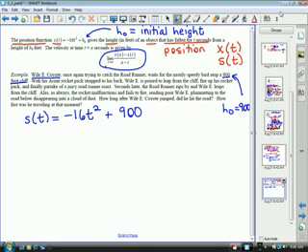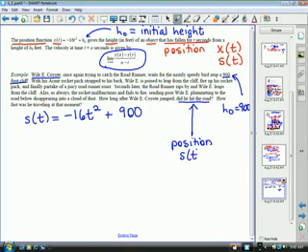Alright, so let's think for a second. When he hit the road, what is his position? It's 0. But what variable is 0? I don't see an h in my equation I wrote.